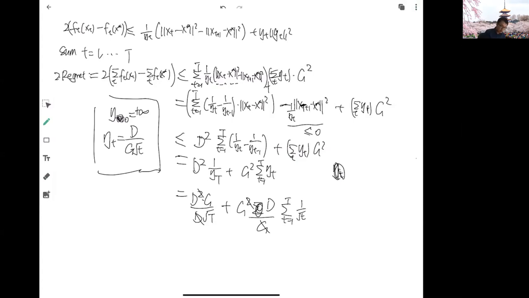Okay, so what is this? 1 plus 1 over square root of 2 plus 1 over square root of 3 plus all the way to 1 over square root of T. Can anyone give me an upper bound of this series as a function of the capital T?